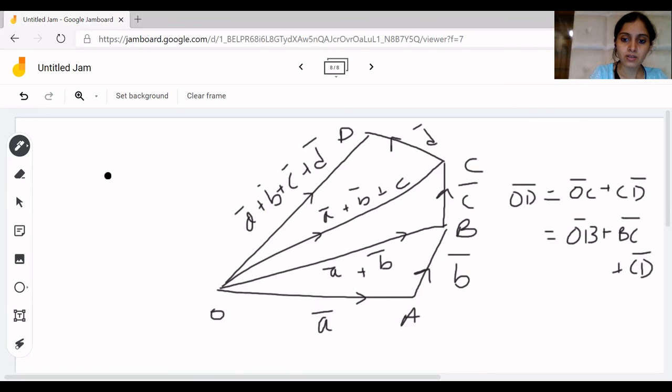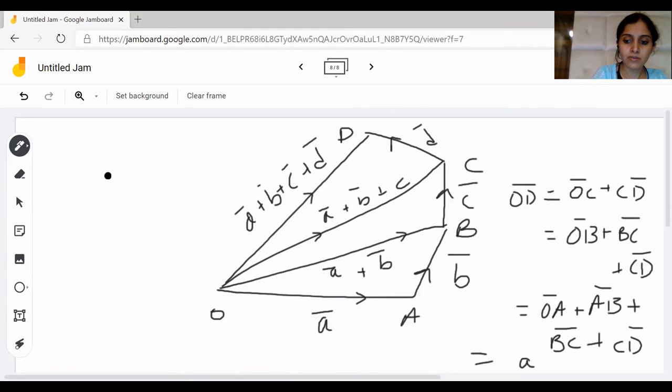But OB bar can be written as OA bar plus AB bar plus BC bar plus CD bar, right? So OA is A bar, AB is B bar, BC is C bar, and CD is D bar. Clear? So this vector OD represents the sum of all the four vectors A bar, B bar, C bar, and D bar. Clear? So this is your polygonal law of addition of vectors.